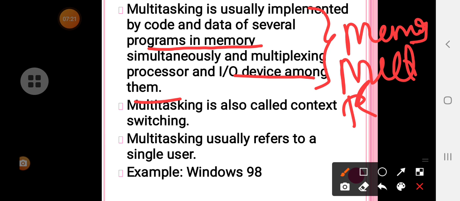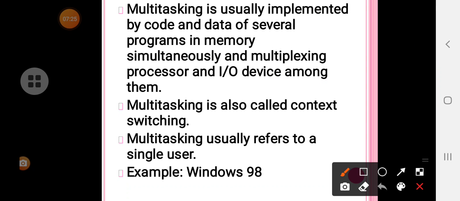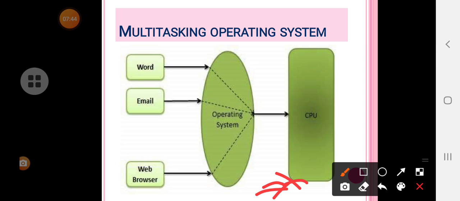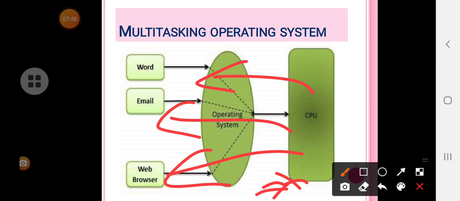Multitasking is also called context switching. Multitasking usually refers to a single user. So a single user performing many tasks. See here, a single user is sitting here and doing many tasks with respect to one particular system.